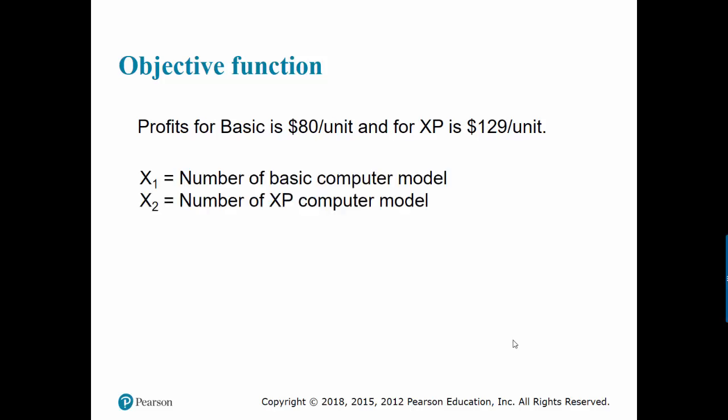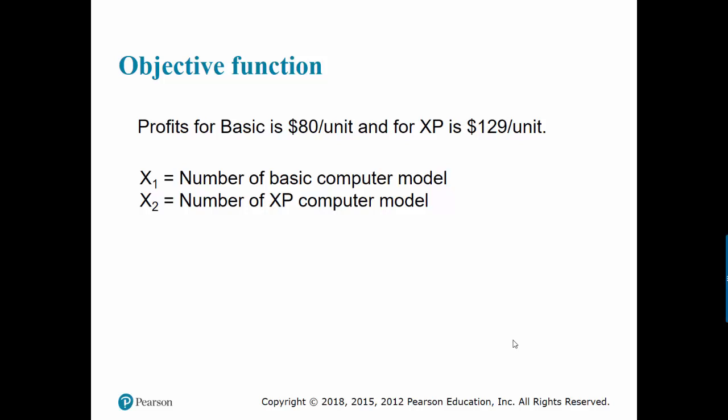With X sub 1 representing the number of Basic models and X sub 2 the number of XP models, the total profit will be 80 times X sub 1, which gives the profit from the Basic model.